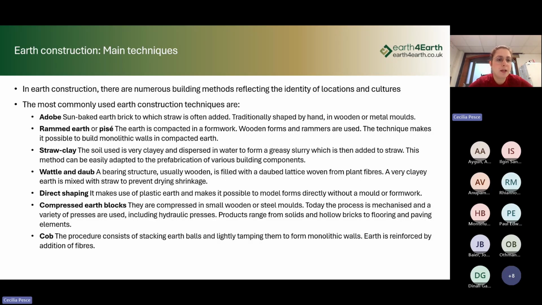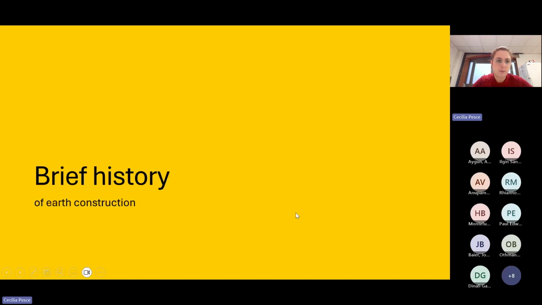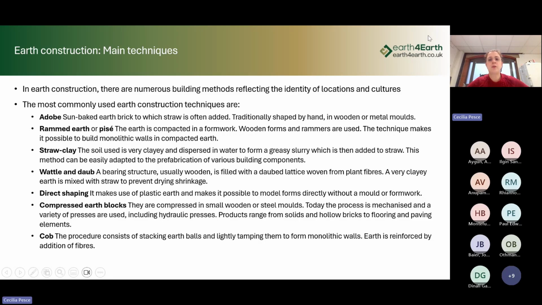These are sun-baked earth bricks, often added with straw to give more structural stability. They are traditionally shaped by hand, made in wooden or metal frames.